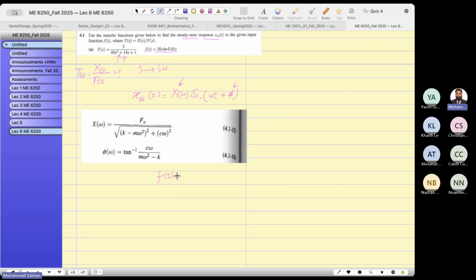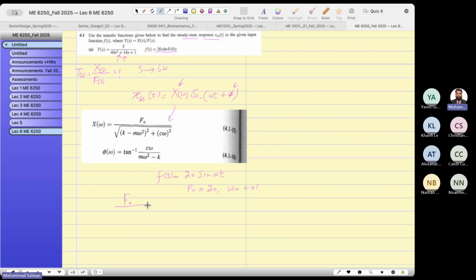Okay, look. Applied force is 20 sine omega t, where F naught is 20. Omega is 0.01. The remaining is our question. So it's the same thing.